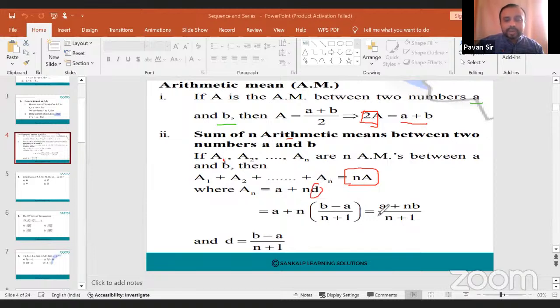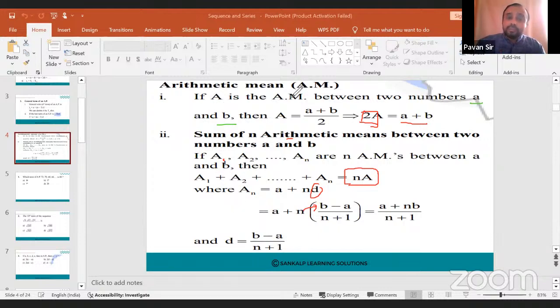So totally it can be written as A plus nB minus nA upon n plus 1, where D is B minus A upon n plus 1. That is denoting the sum of the arithmetic means between the two numbers.